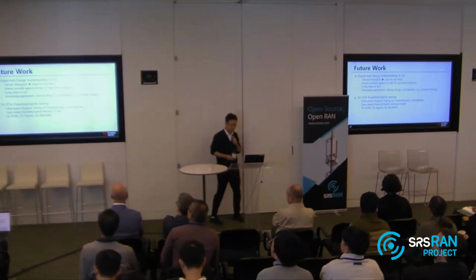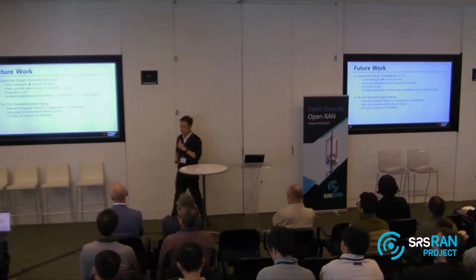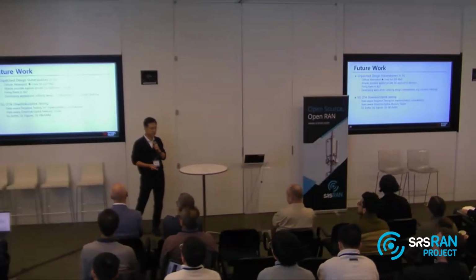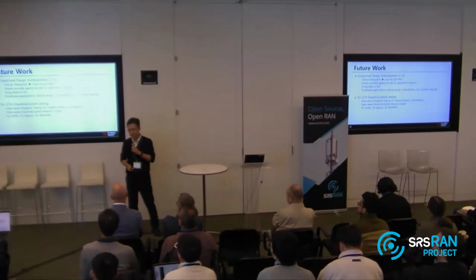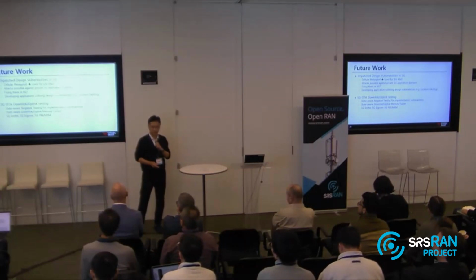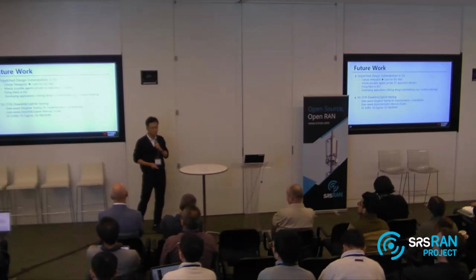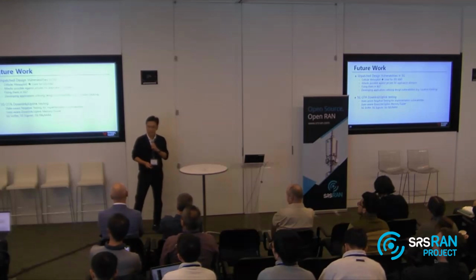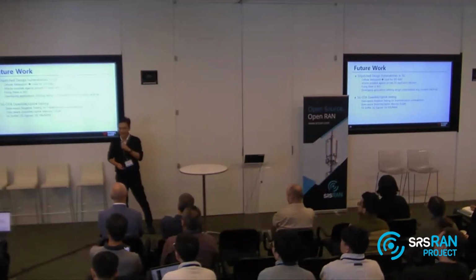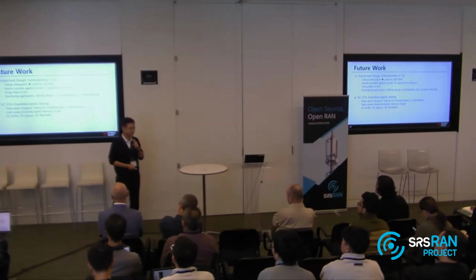So we actually have much future work to do. As I told you, there are many specification vulnerabilities that have not been patched in 5G, and I really want to patch them. One way to do it is open-sourcing attacks, like Metasploit in the security domain.